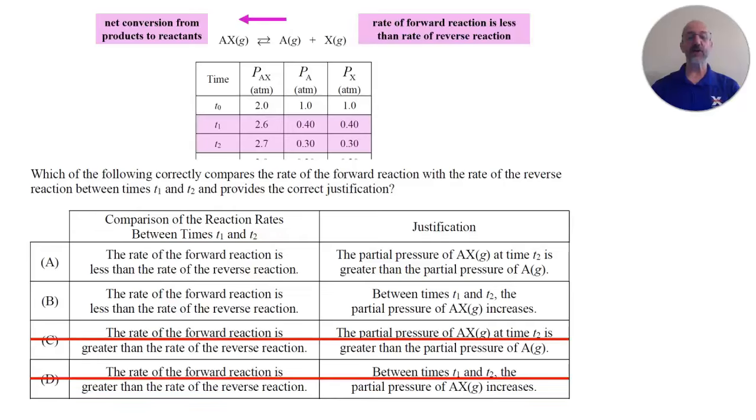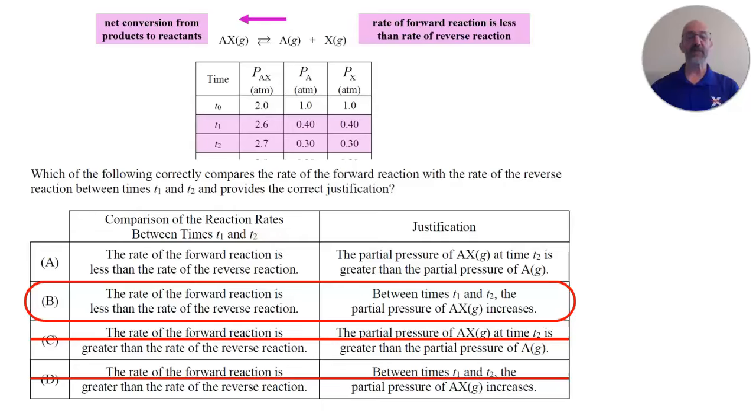And now let's take a look at the justification to decide whether the correct answer to question 3 is choice A or choice B. Well, the correct justification is listed in choice B, that between times t1 and t2, the partial pressure of the reactant, AX, increases. That indicates that there is a net conversion from right to left, from products to reactants, and the rate of the forward reaction is less than the rate of the reverse reaction.